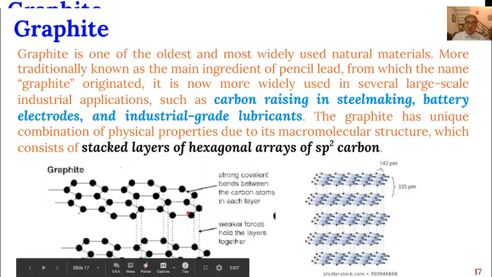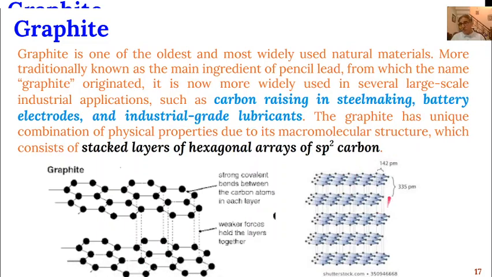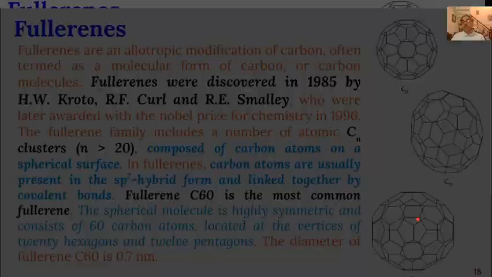Then these layers are attracted to each other by weaker forces, so that these layers can be held together. Between the two layers, they are apart by 335 pm, and the two carbons by 142 pm.